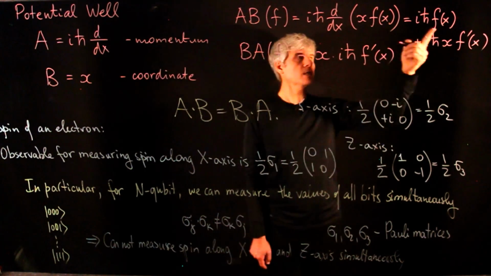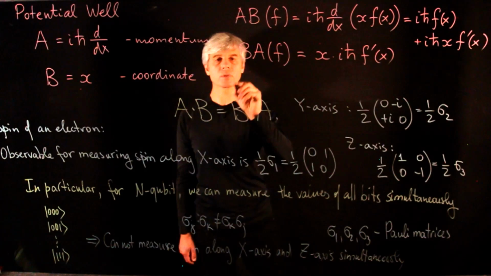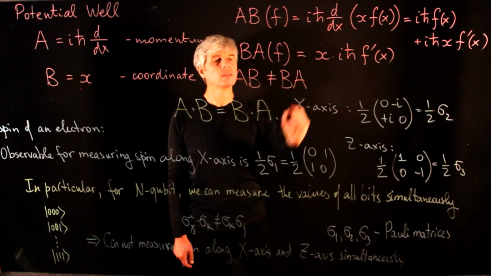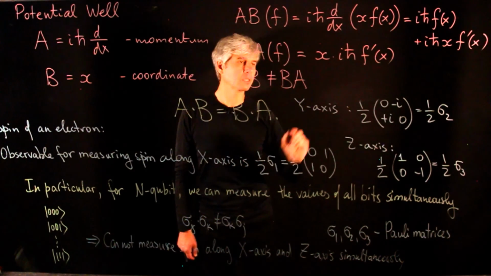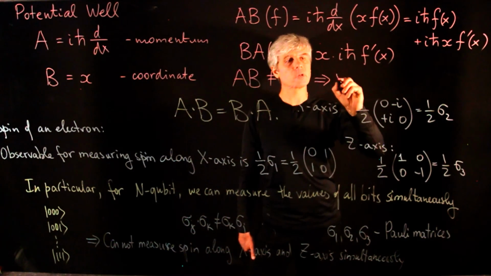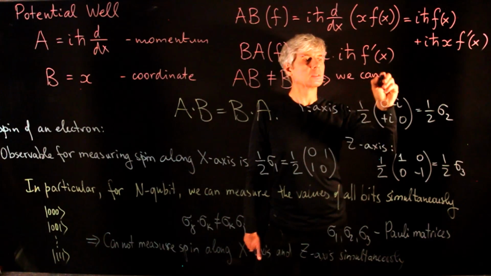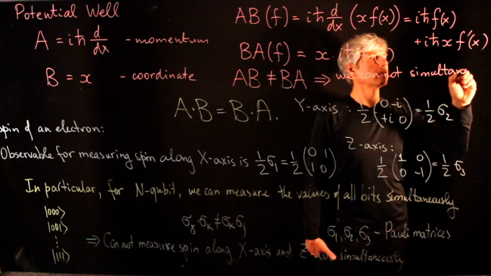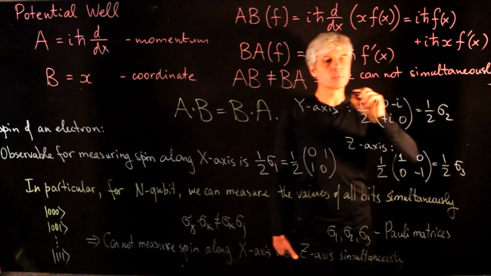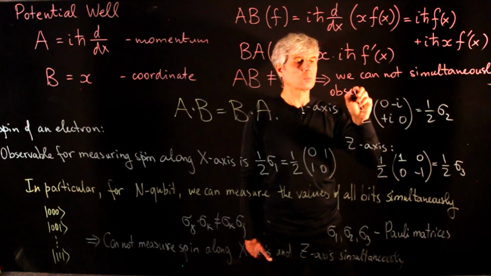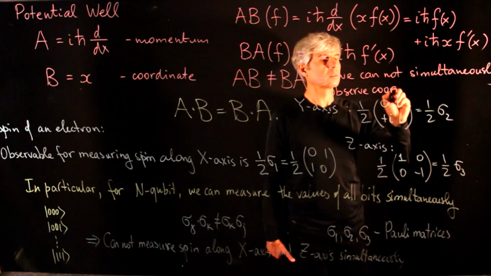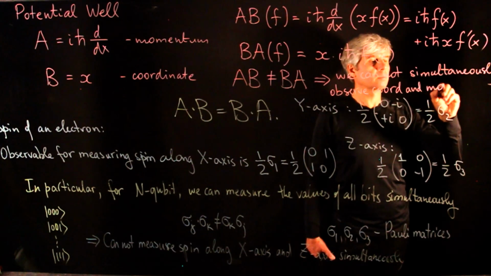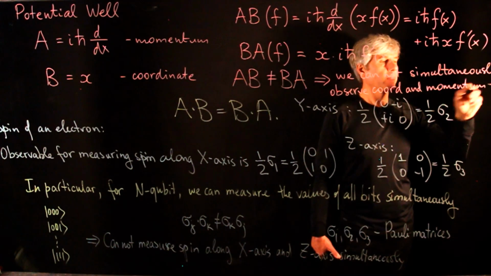And so what we see is that the results are not the same. So AB is not equal to BA. And so the conclusion is that we cannot simultaneously observe coordinate and momentum or velocity of a particle.